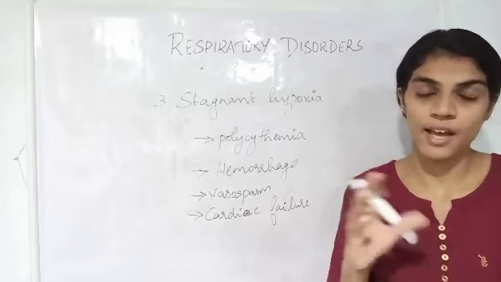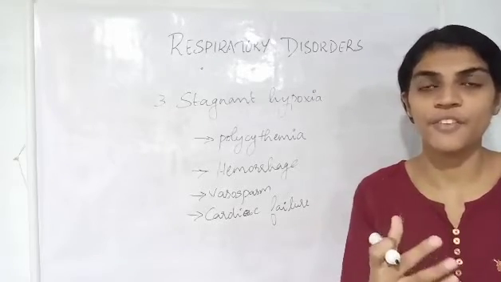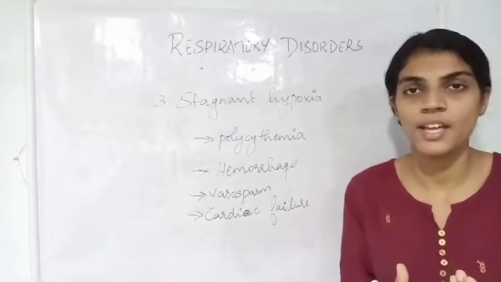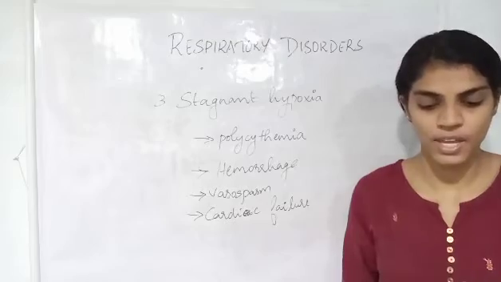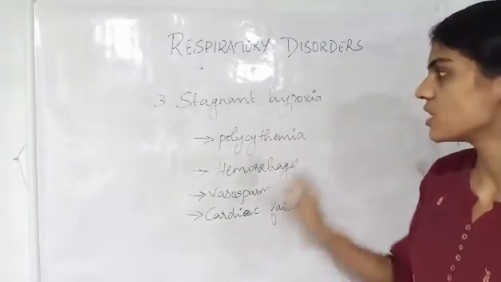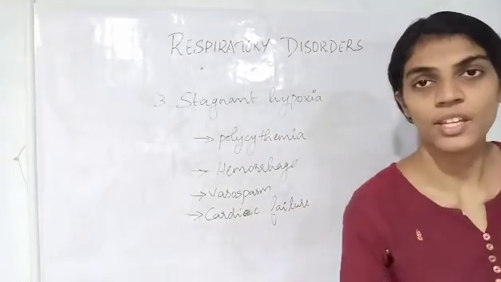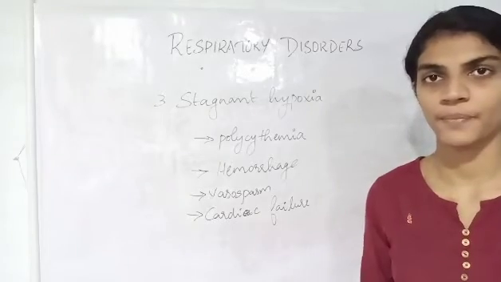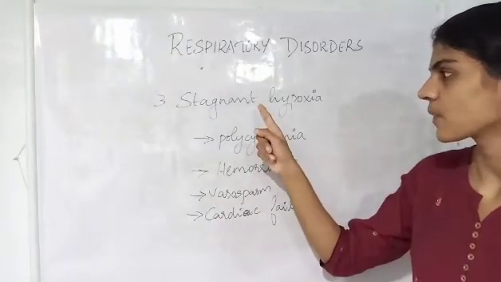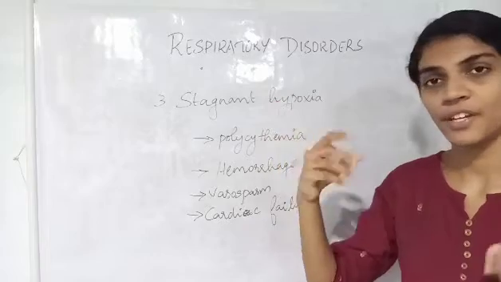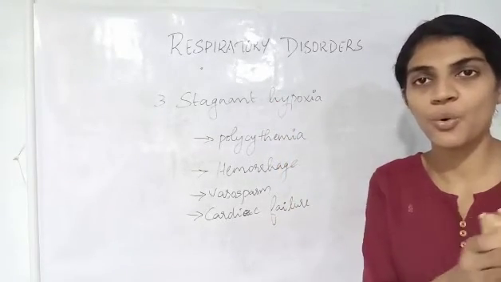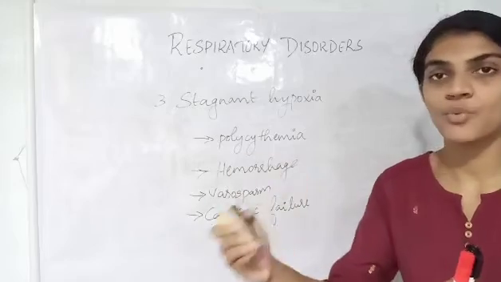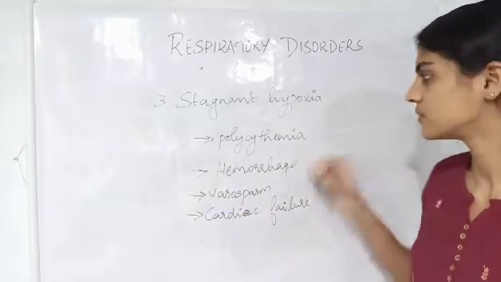But what happens if the heart fails to do this function? The blood will flow very slowly. So these are some conditions you can find during the stagnant hypoxia. Even if the blood is having oxygen, if the blood is moving slowly, the cells won't get proper oxygen.